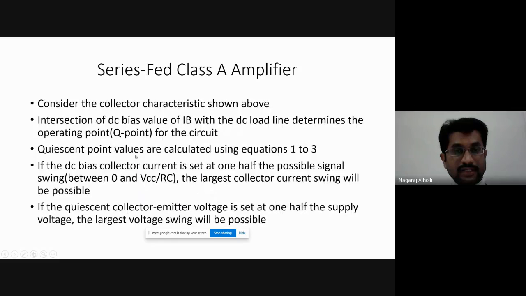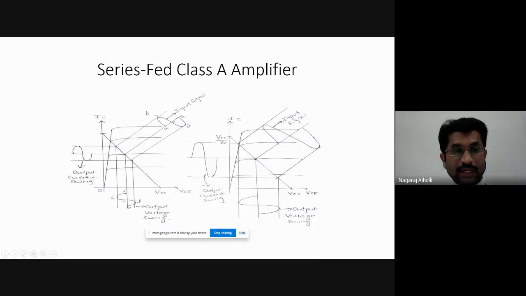Then we studied the various characteristics or features. As we increase the input signal, the collector current also increases and the collector to emitter voltage also increases. And how to plot the graphs? First we draw the input signal, and we extend these reference lines. Then we get the collector current curve, and if we take points A, B, C, D, E, we get the collector to emitter voltage curve.